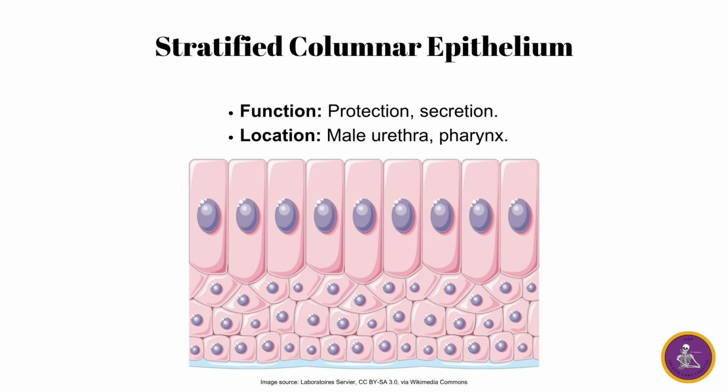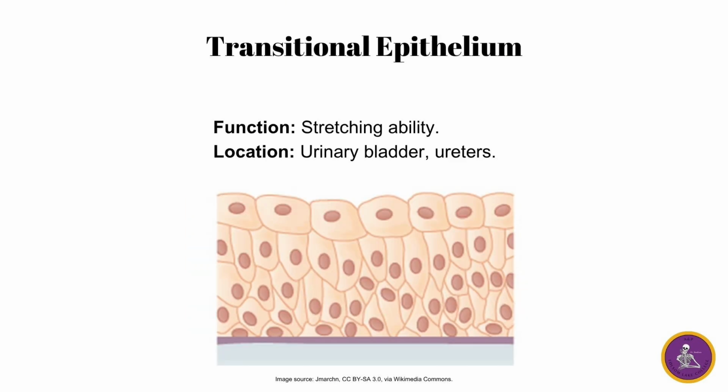Transitional epithelium is a specialized type of stratified epithelium designed to stretch and recoil without tearing. It is found exclusively in the urinary system, lining structures such as the urinary bladder, ureters, and part of the urethra. Its cells can change shape depending on the degree of stretch, appearing rounder or more dome-shaped when relaxed and flatter when stretched.